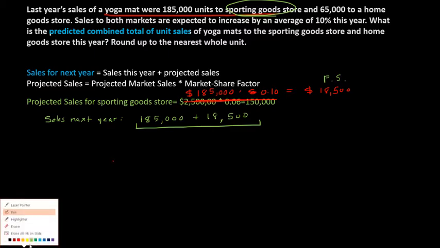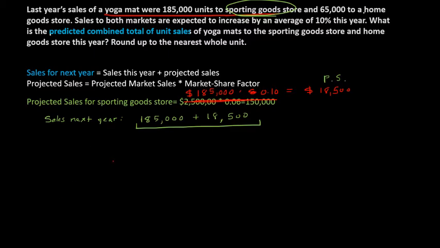Now I'm going to do the same thing for the other store, the home goods store. They're projecting the same thing, a growth of 10%. So I need to find 10% of 65,000, which is 6,500.